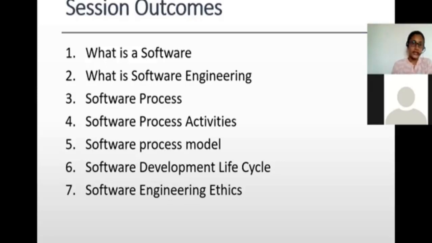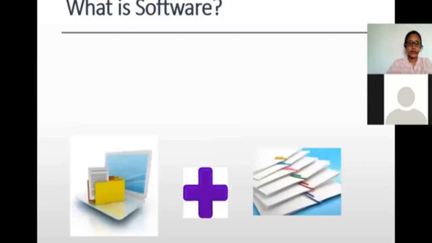And what a software process model is and what the development life cycle is. And then as professional software engineers, which type of ethics we have to align with. Okay, so we are going to talk about these things.